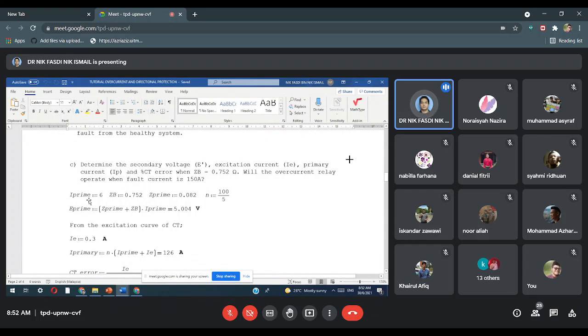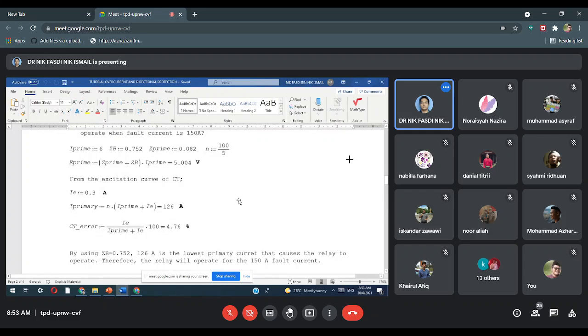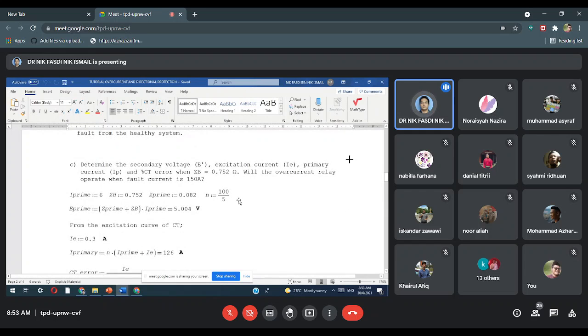Alright. So I prime given 6, ZB is 0.752 from this one. And CT ratio is, okay, Z prime. Z prime is 0.082 and CT ratio is 100/5.